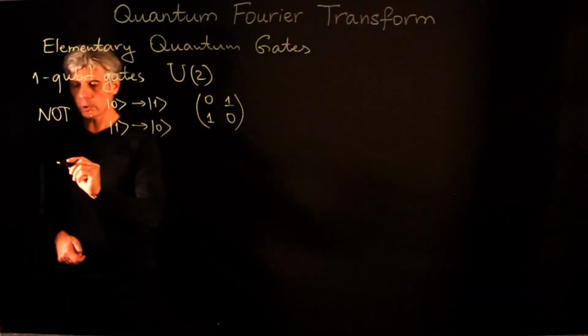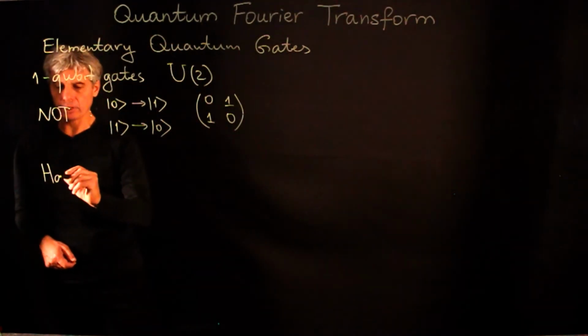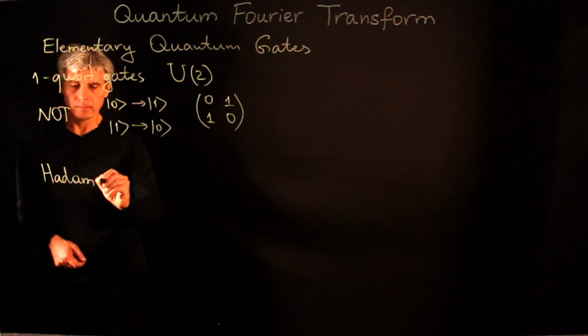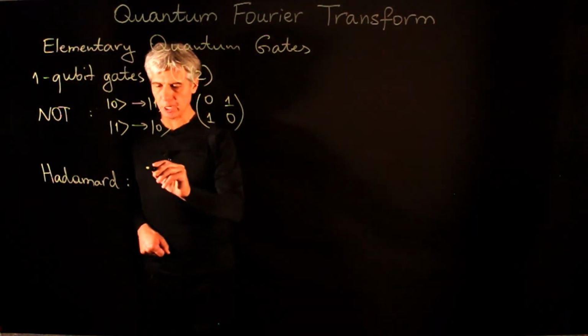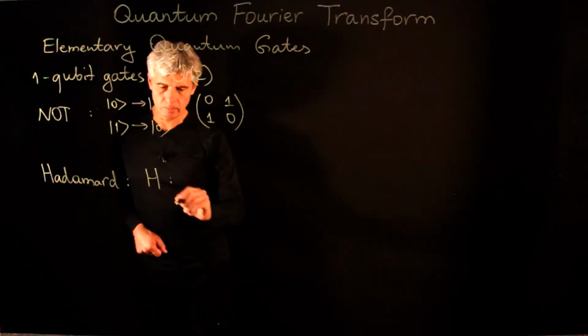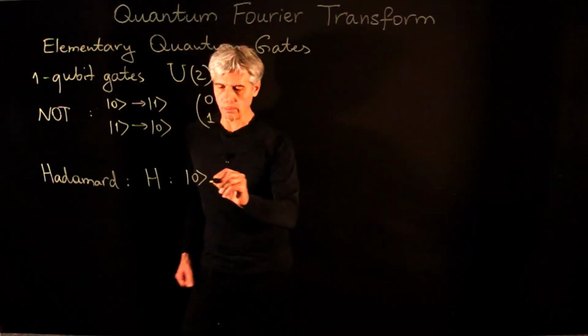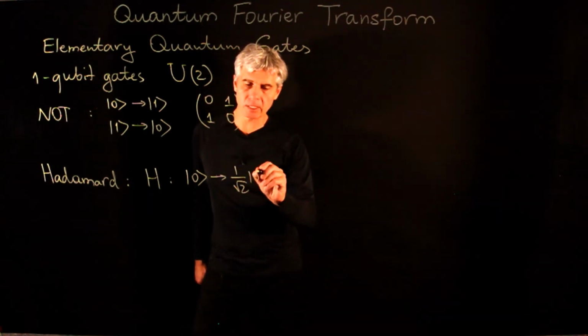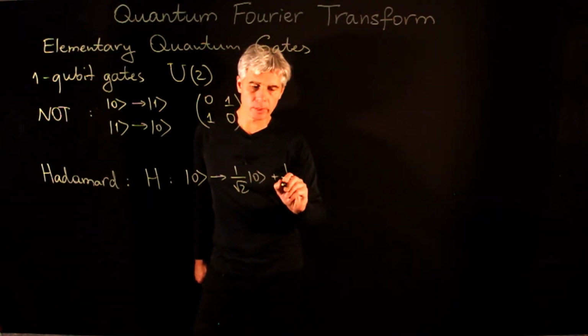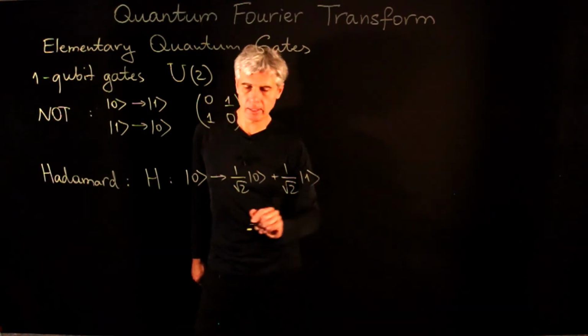Then we also had the Hadamard transformation. This is the transformation H, which sends 0 to 1 over square root of 2 times 0 plus 1 over square root of 2 times 1.